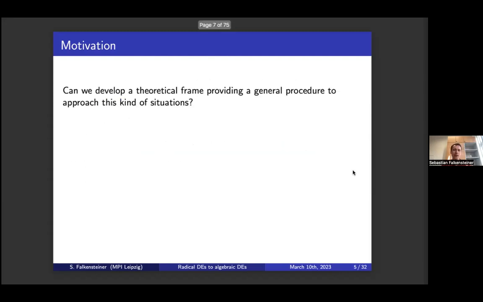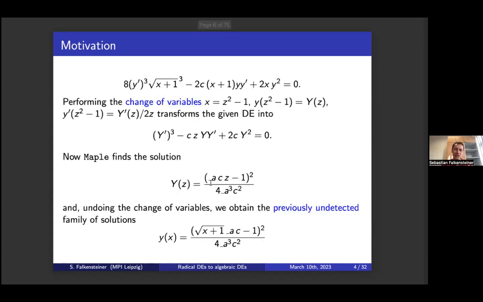Okay, and now we want to have a mathematical theory around this procedure which we saw. And by the way, the solution that you found after this transformation, did you find all solutions? So this is a general solution of an algebraic differential equation.